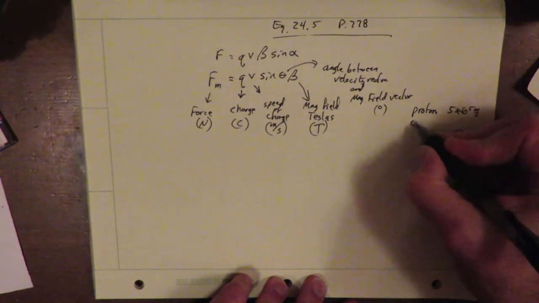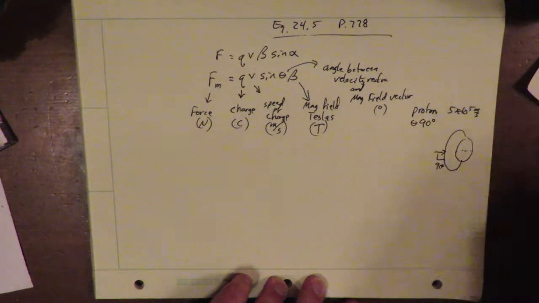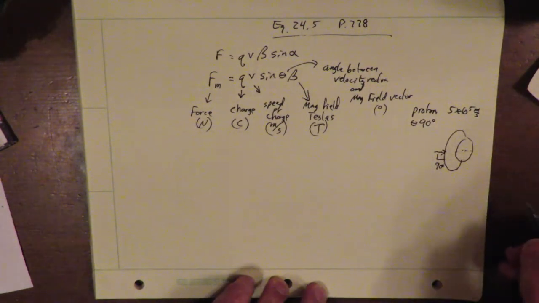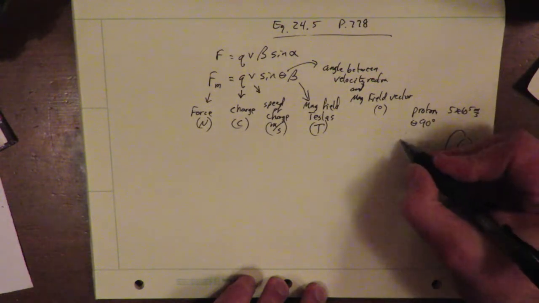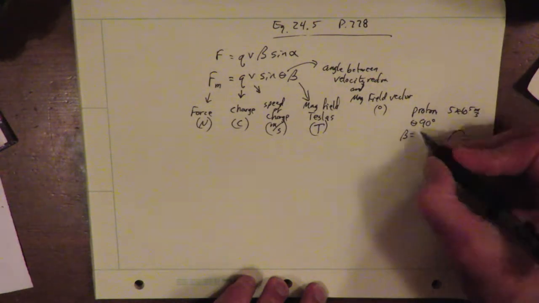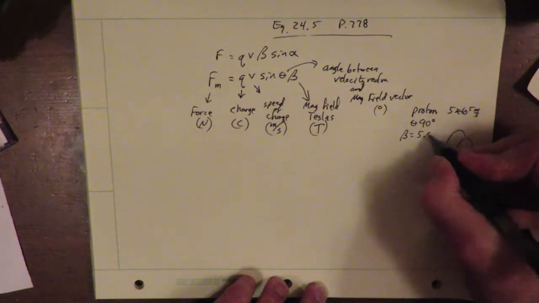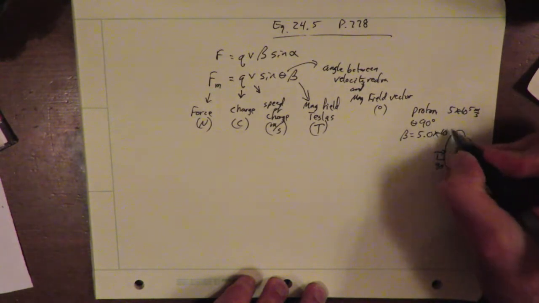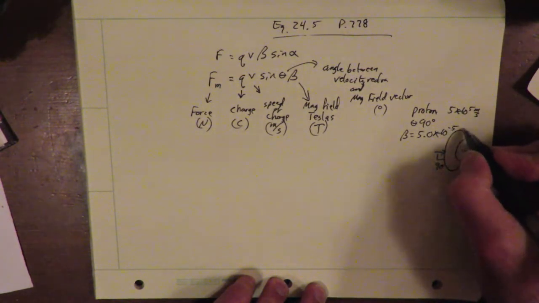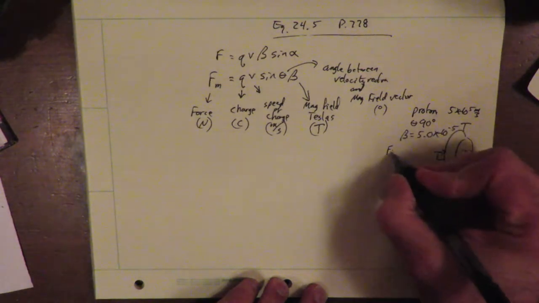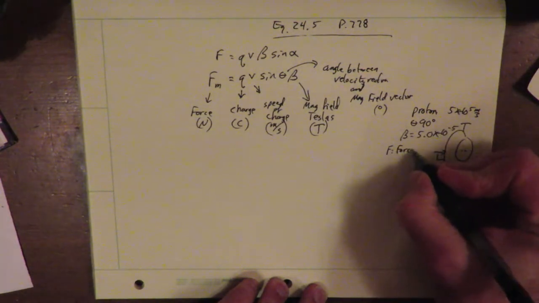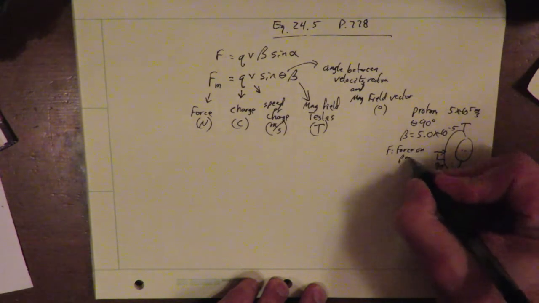So theta is going to be 90 degrees. The strength of Earth's magnetic field is accepted to be 5.0 times 10 to the minus 5th teslas. That's a real number. Is that all we need? Yeah, I think so. We want to find the force on the proton.